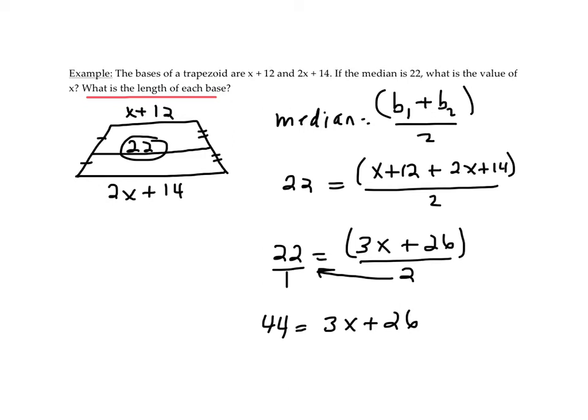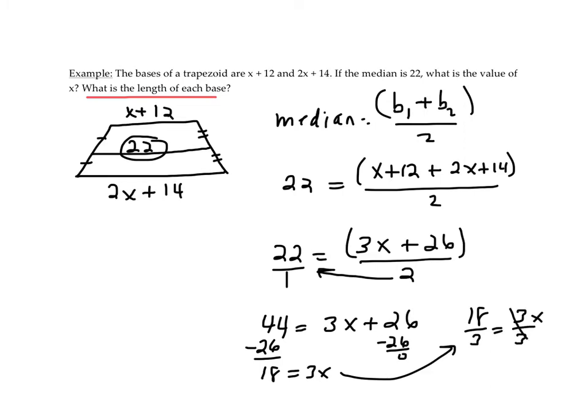Okay, take and subtract your 26 from both sides. And that's going to leave us with 18 on this side. You get 3x is equal to 18. When we take and divide both sides by 3, that leaves us with x equals 6.